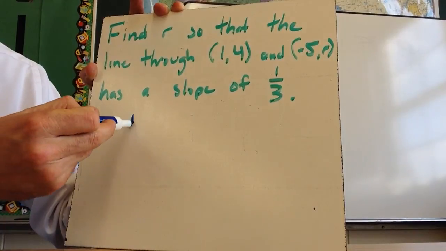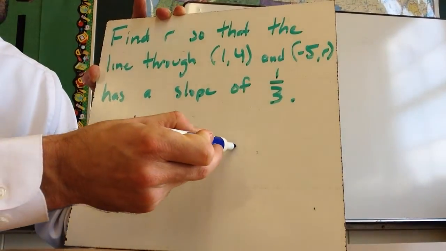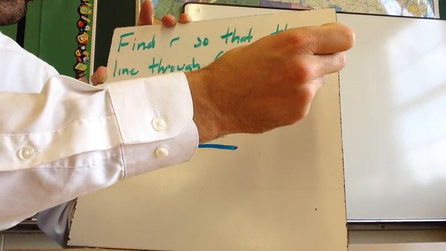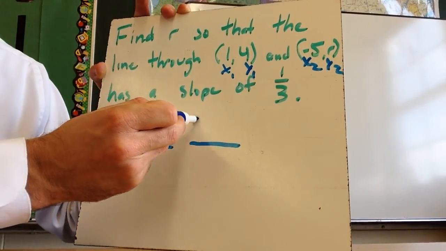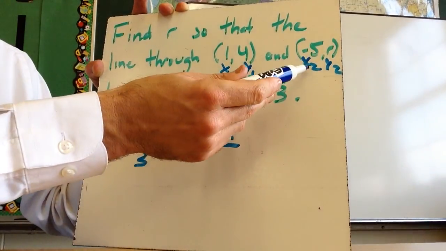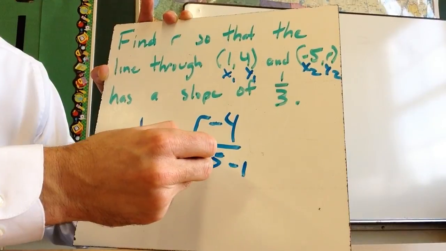So I'm going to use my formula, m, my slope, which is 1/3, equals y2, which is r minus 4, over -5 minus 1.